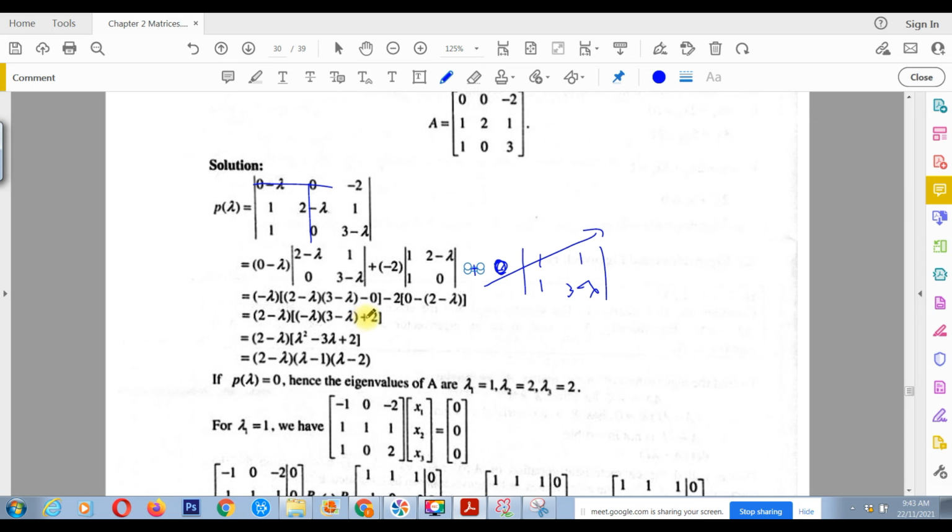After you get this, you factor out 2 minus lambda here.